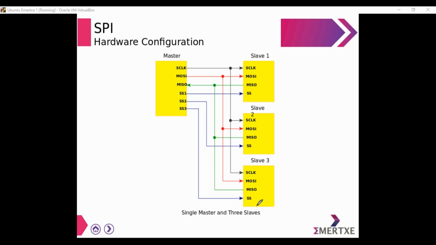More circuit connection, many lines. Exactly. Whenever the number of slaves is going to increase, the number of slave select lines is also going to increase, isn't it? So as the number of slaves increases, slave select lines increase.